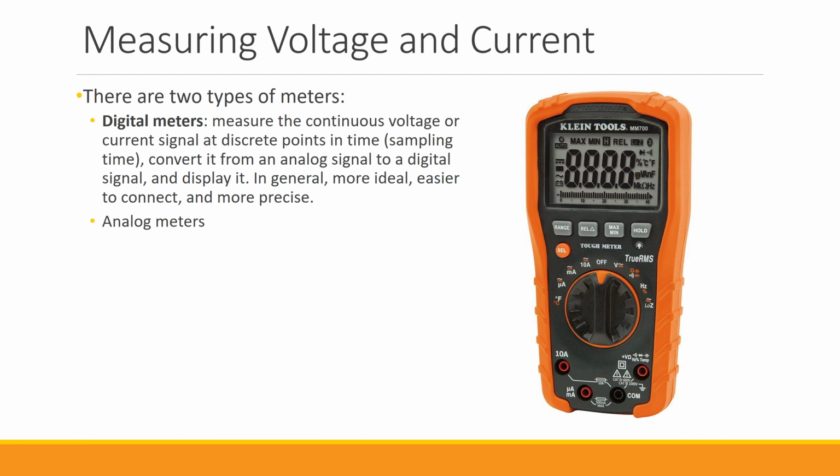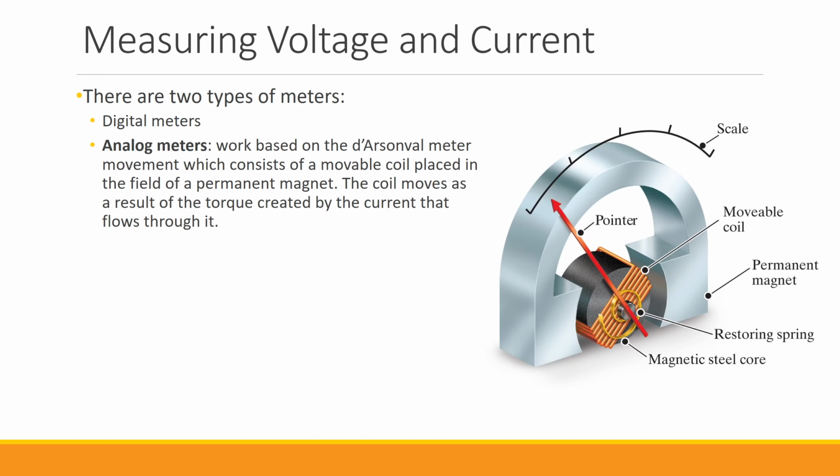On the other hand, analog meters work based on the D'Arsonval meter movement, in which we have this permanent magnet here. Between these two sides of the permanent magnet, we have a magnetic steel core and a restoring spring. Basically, whenever we are not using it, it puts the needle at the zero position. And then we have some movable coil.